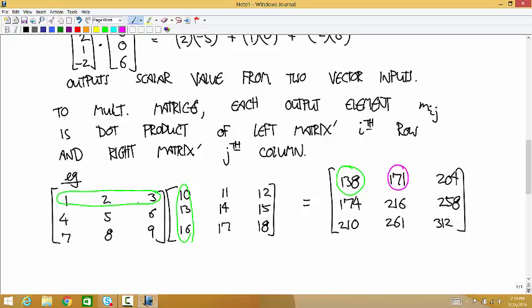So we're going to take the first row of this one and the second column of this one and dot product, and that gives you that answer. How about this one? What row is that? Second and the third column. Okay.